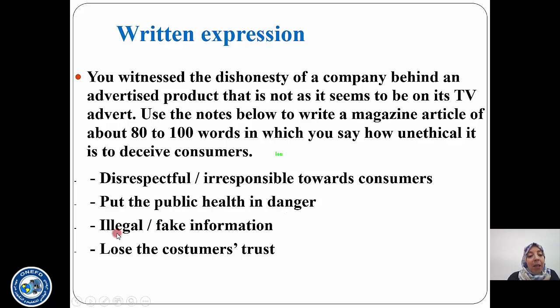You can also say that it is not only unethical but also illegal to give fake information to people. Okay, so the last one could be used in the conclusion, saying that unethical advertising is not only bad for the customers, it can also be negative for the company itself, because they will lose their customers' trust and respect.